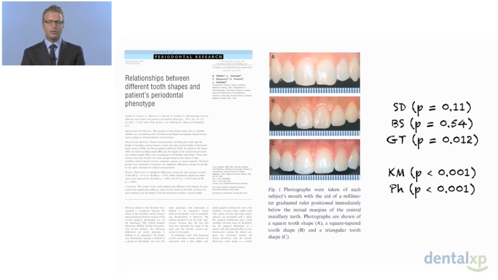We will see this is extremely important in implant dentistry, in particular when we are going to replace a single central incisor that is missing or going to be extracted.